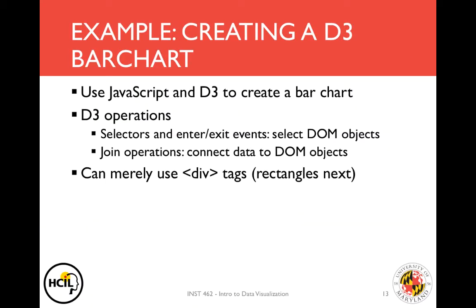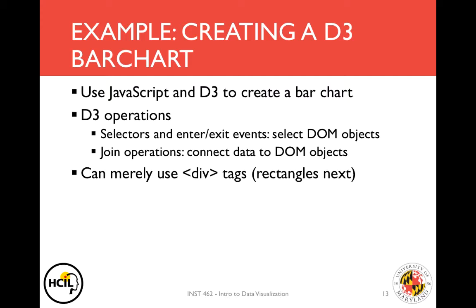So as an example, you can create a D3 bar chart. To do that, you're going to open up your data. You're going to use selectors, which are part of D3, to create events, like what kind of things on the page should be selected and changed. And you're going to use something called a join operation to connect data to the document object model objects, those are the things on the page.